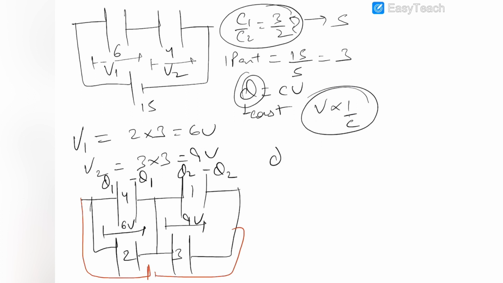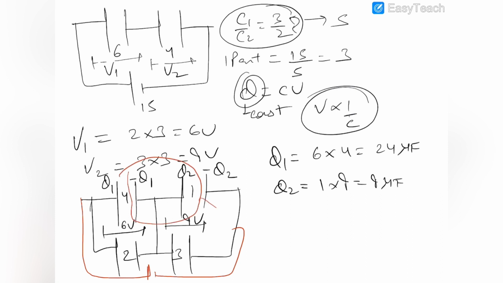So Q1 will be CV, 4 into 6 microfarad, which is 24 microfarad. And Q2 will be 1 into 9, which is 9 microfarad. Okay, so you can see that the sum of these two plates, sum of charges Q total, is 24 minus 9, which is 15 microfarad.